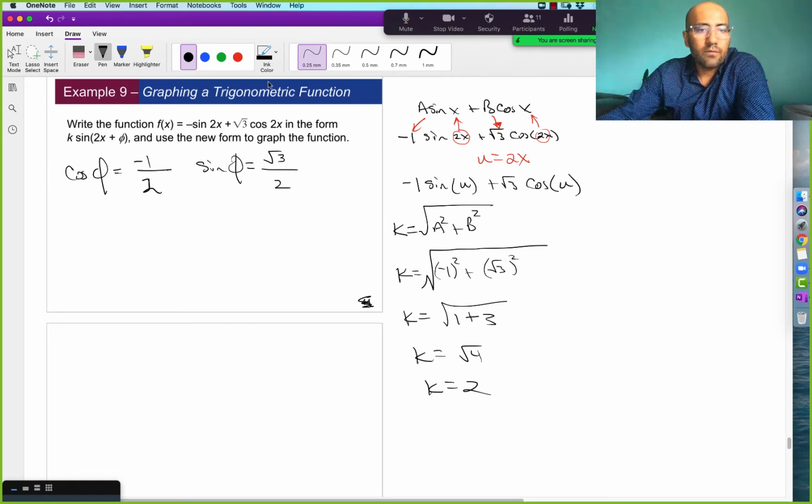Is that okay? And this is because this is the a, and this is the k value, and this is the b, and this is the k value. That's how I got those fractions. Okay?